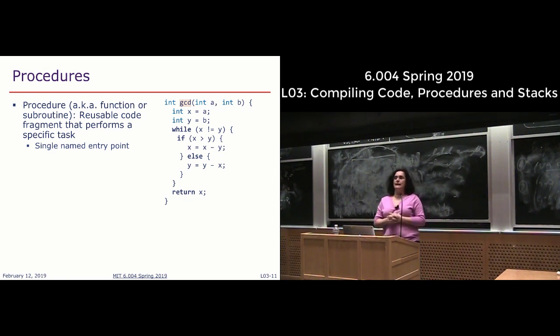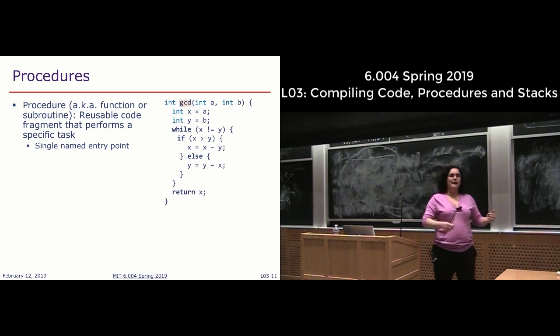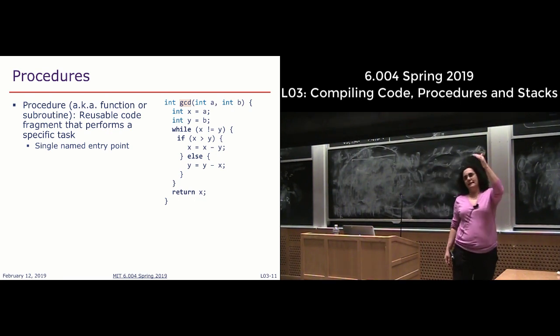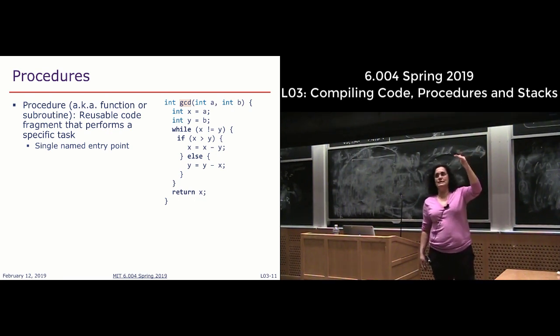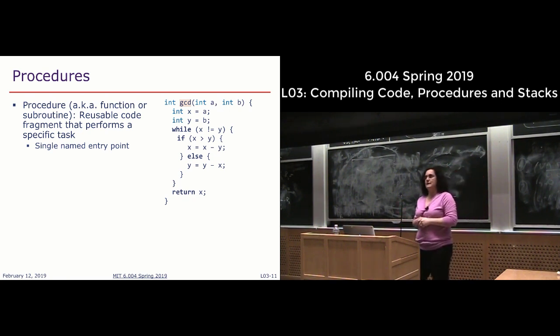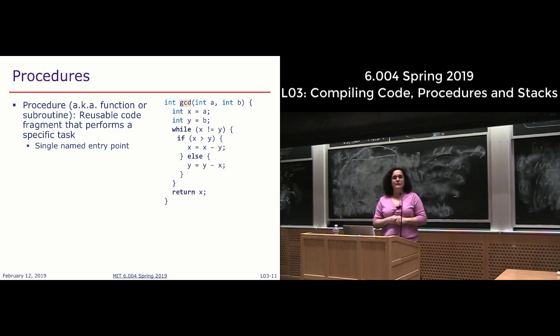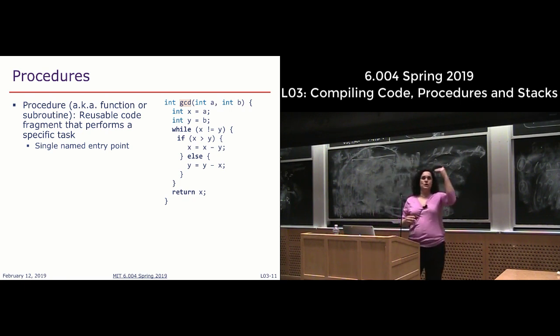Basically, the way I execute any procedure is if I'm calling GCD, I'm always going to go to the beginning of the code associated with GCD and execute it all the way through, with potentially some control flow instructions within. But I'm always starting in this exact same spot regardless of who called GCD.